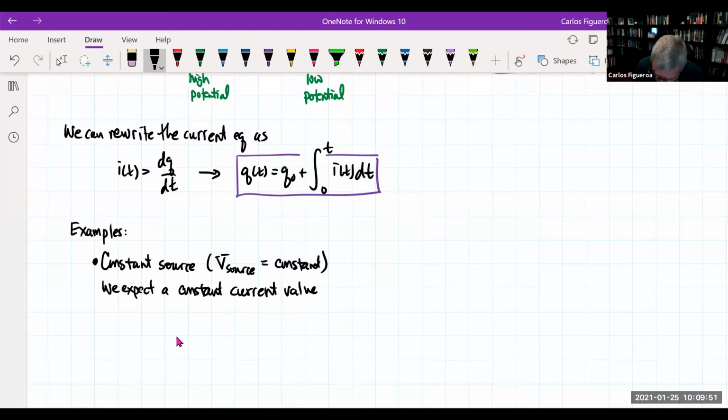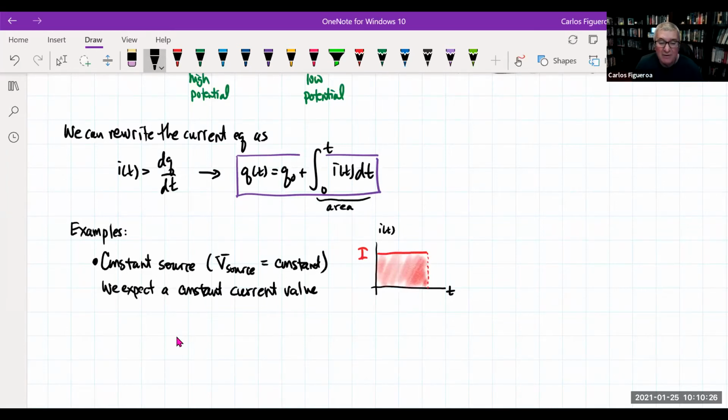Picture-wise, if I have a constant current source, let's say this is I of t, and I'm going to call this big I, where big I is a constant.